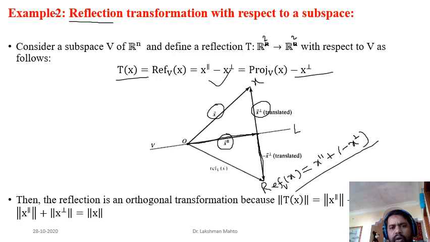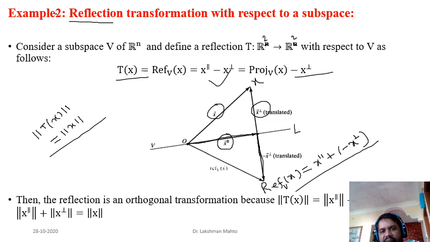We will see that this transformation is always an orthogonal transformation. How? Again, the definition I told: when a linear transformation preserves the norm, it preserves length, that means if we find the norm of T(x) and it is equal to the norm of x, then we validate that T is an orthogonal transformation.